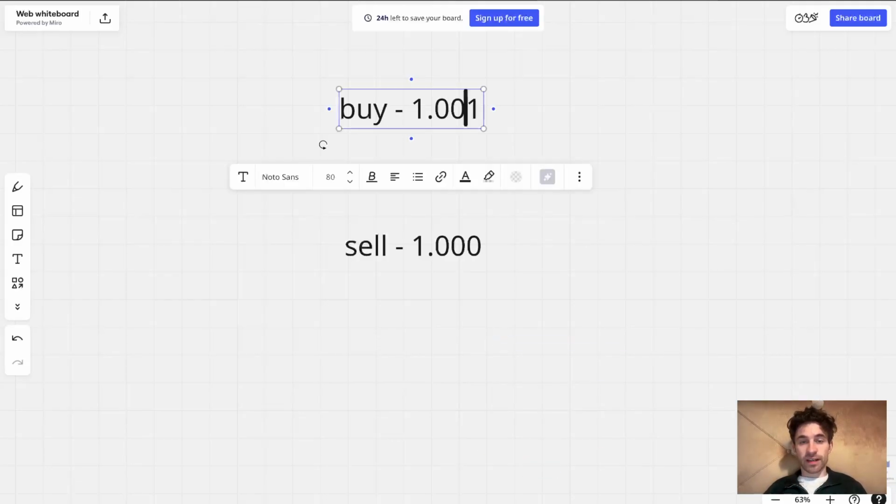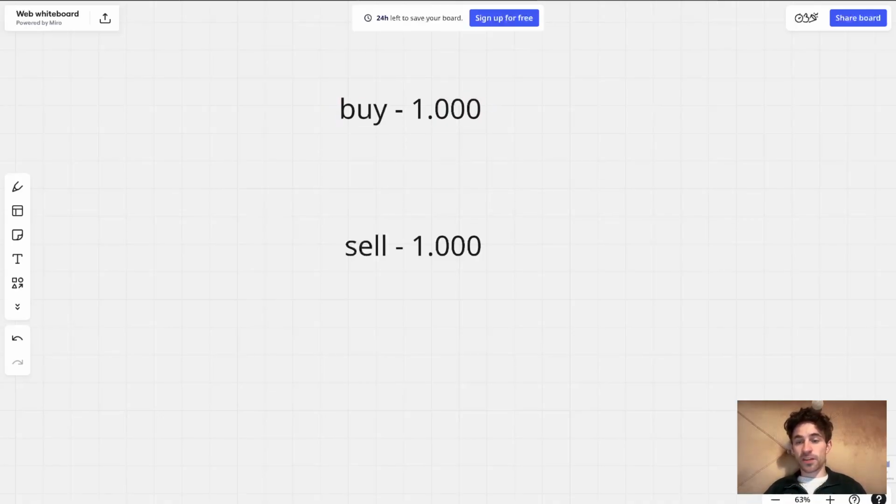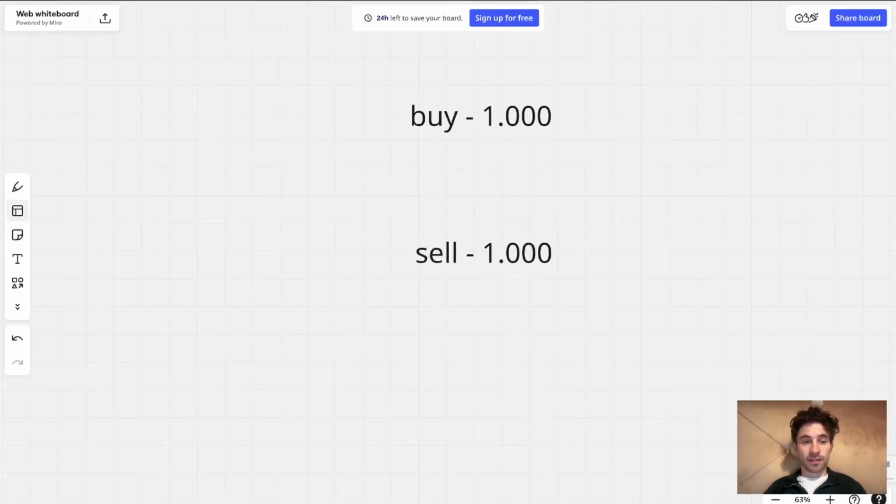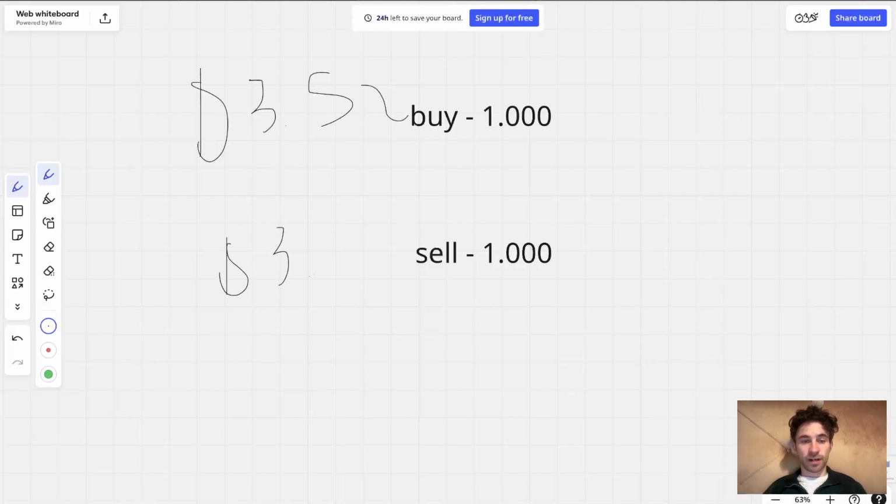We essentially have a buy price and a sell price that are exactly the same. And then the way the platform makes their money is, in Exness's case, they say we're going to charge you $3.50 every time you buy, and we're going to charge you $3.50 every time you sell.